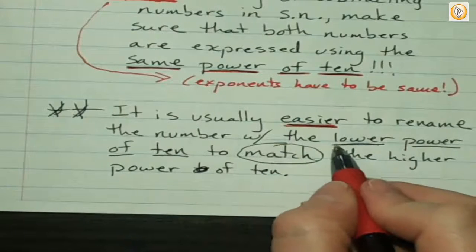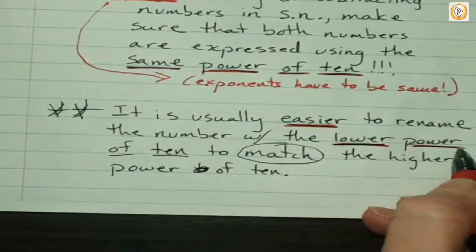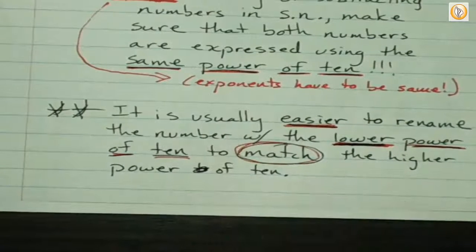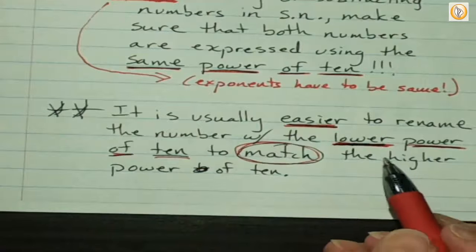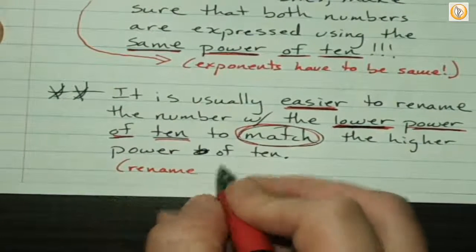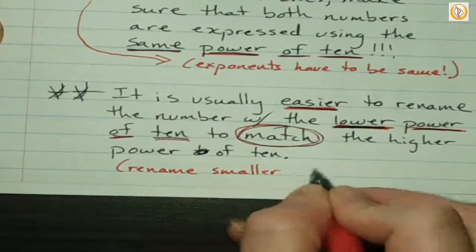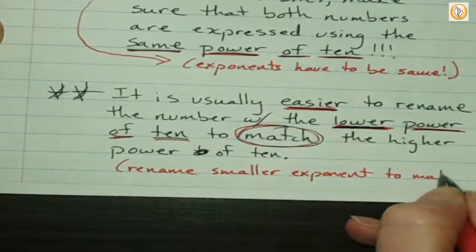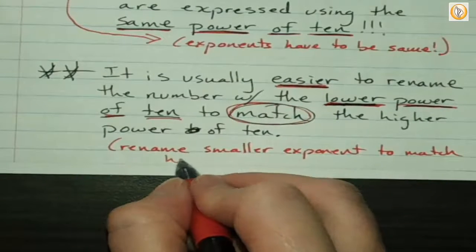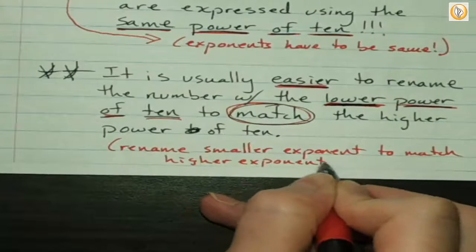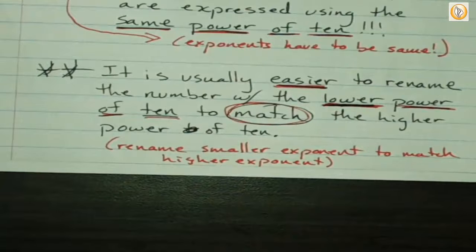Basically, it's easier to rename the smaller. Rename smaller exponent to match higher exponent. This is Mrs. Rogers' trick.